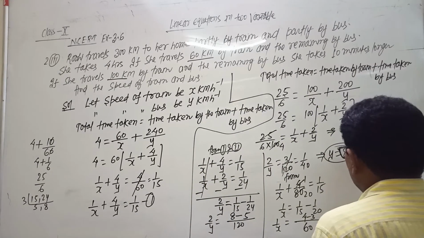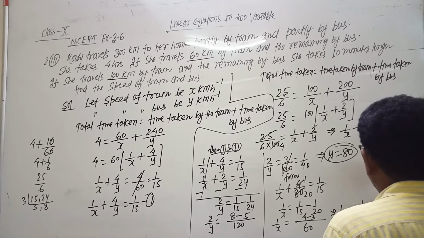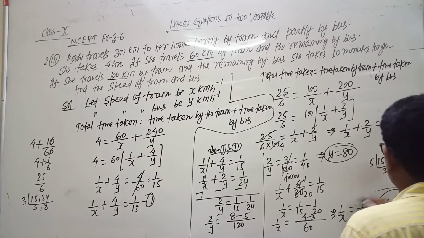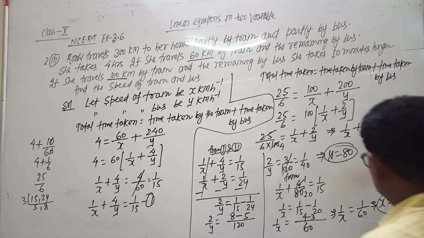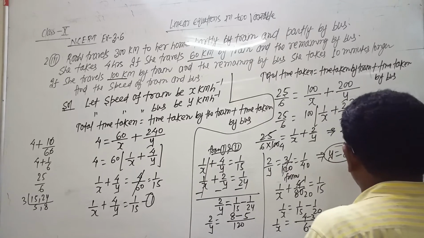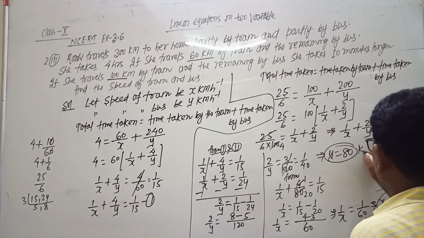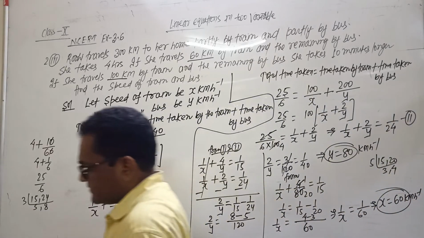So it gives 1 by x equals 1 by 60, and by cross multiplication x equals 60. So the speed of the train is 60 km per hour, and the speed of the bus is 80 km per hour. So this is the final result.